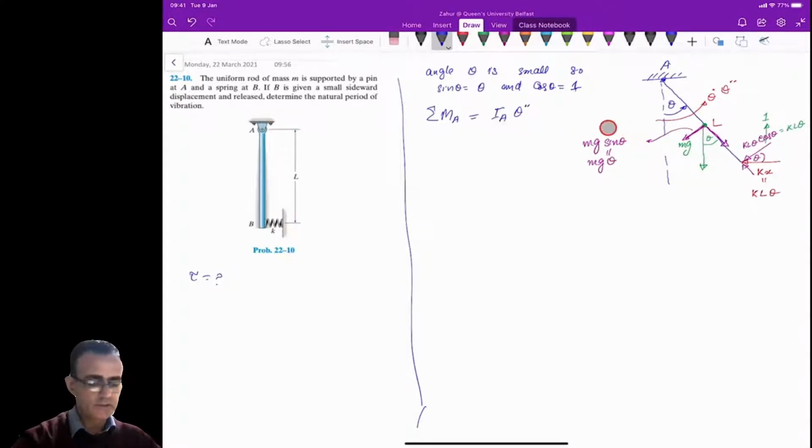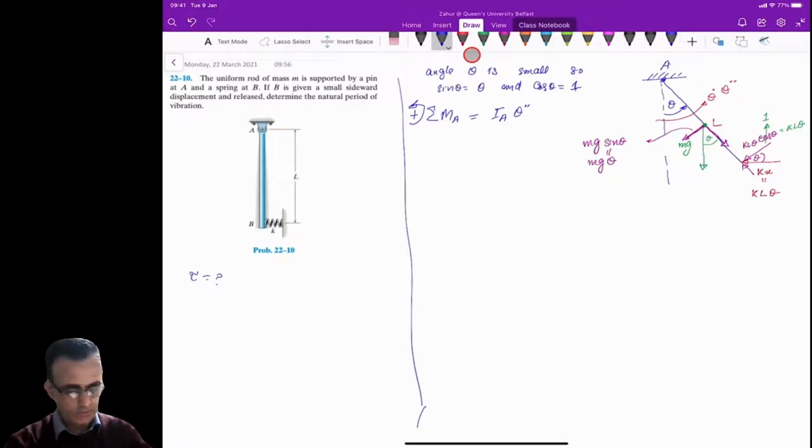This is the equation of motion here, and obviously we are taking this as positive because this is how the direction of acceleration looks like. So in this case, you want to calculate the values here, the moments, which is this MA.